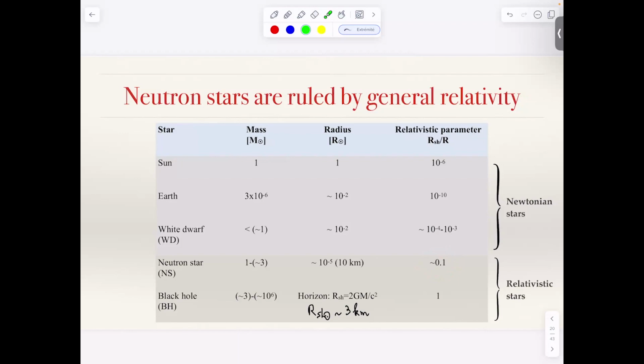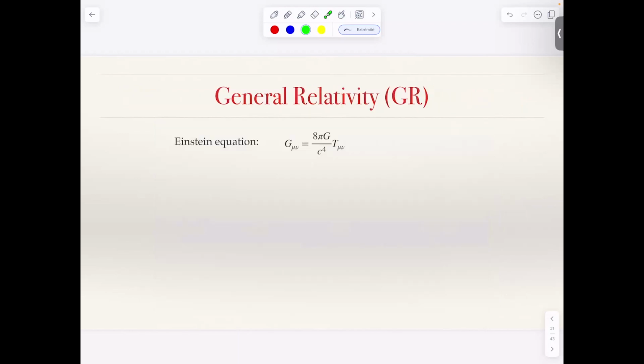Okay, everything clear? So this was somehow an introduction of why we now go for more complexity, and address the question of general relativity. The Einstein equations can be written in this way.